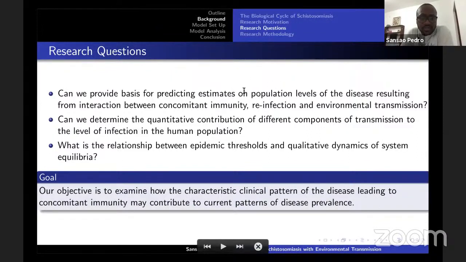One is predicting population level estimates resulting from the interaction between concomitant immunity, reinfection, and environmental transmission, as well as determining the contribution of different components of transmission to the level of infection in the human population, and determining the relationship with the epidemic threshold. Here, the most important one is the basic reproductive number and the qualitative dynamics of model equilibrium.